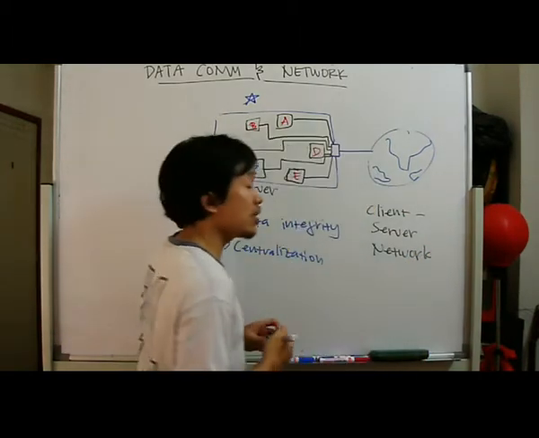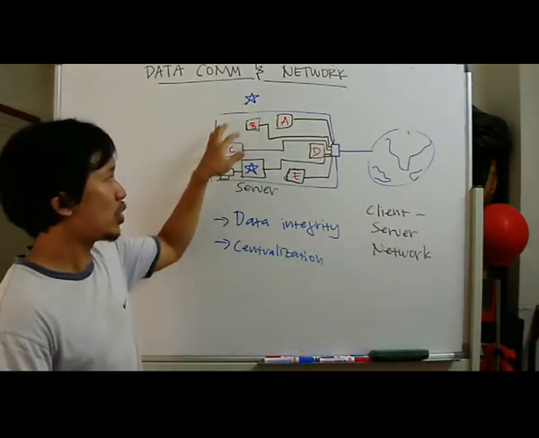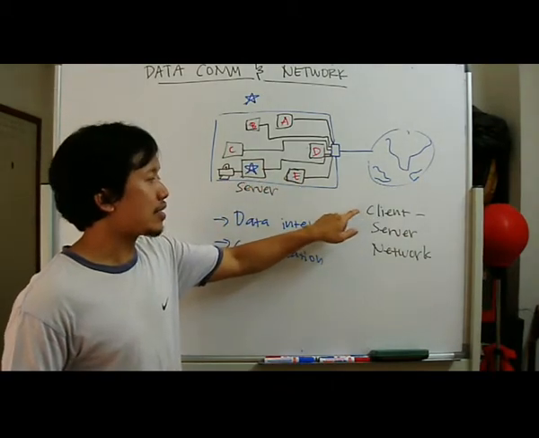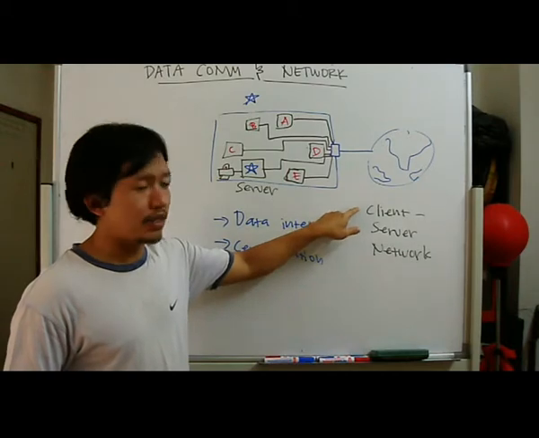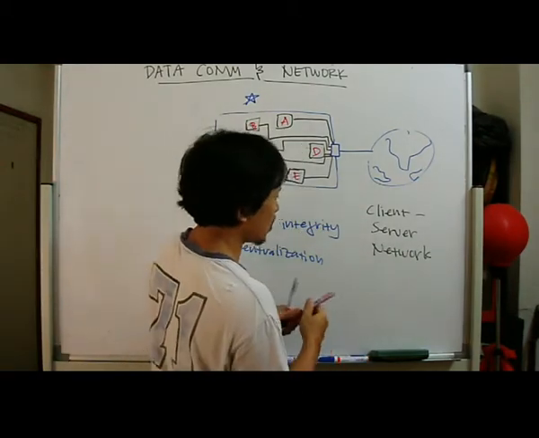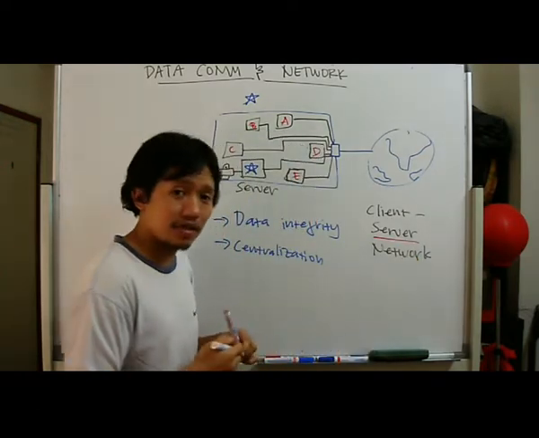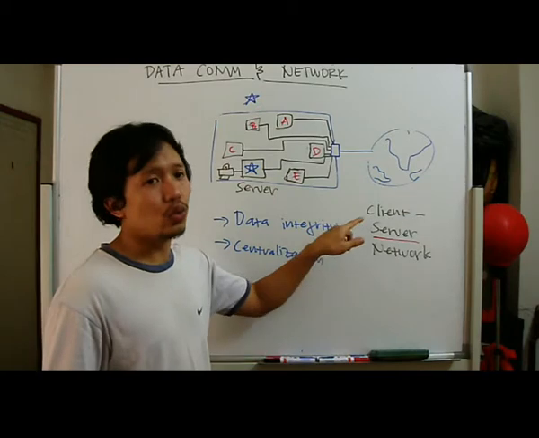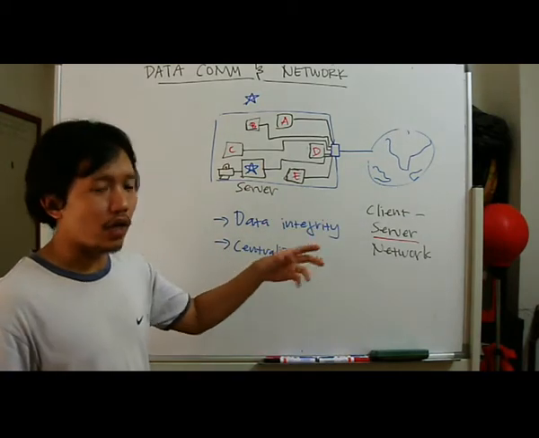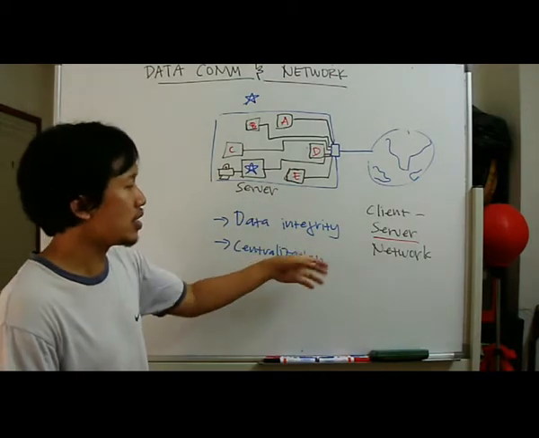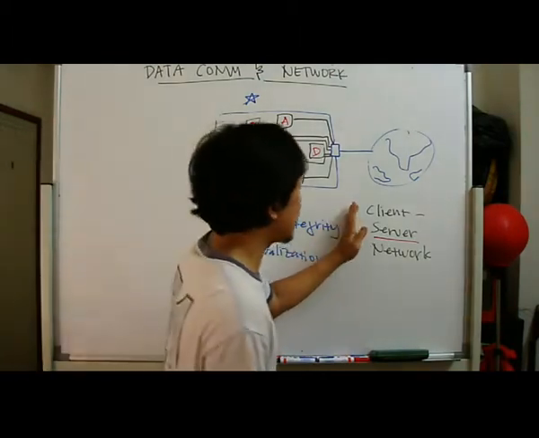A client-server network is where you have servers as well as clients, and clients can request services from servers. The servers can decide to grant the request or not. The server can say no, but chances are the server will say yes. So this is a client-server network.